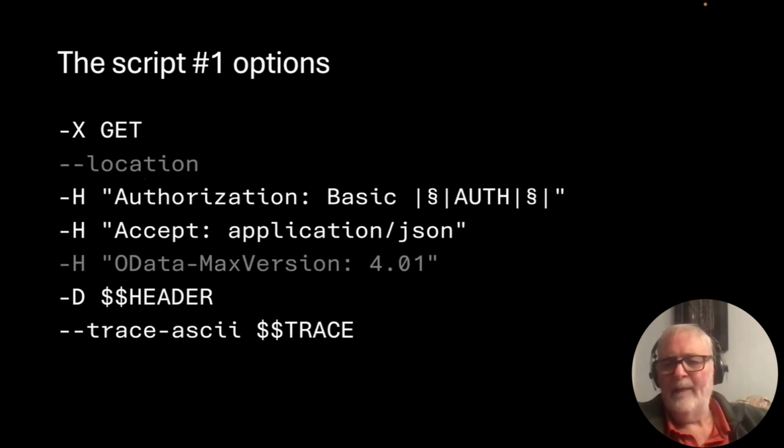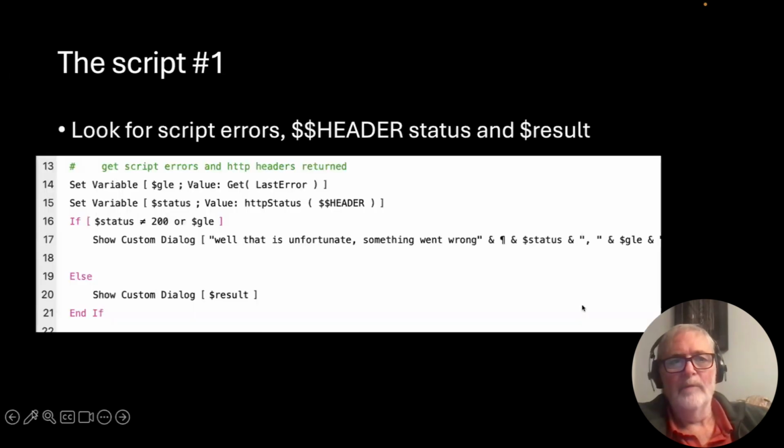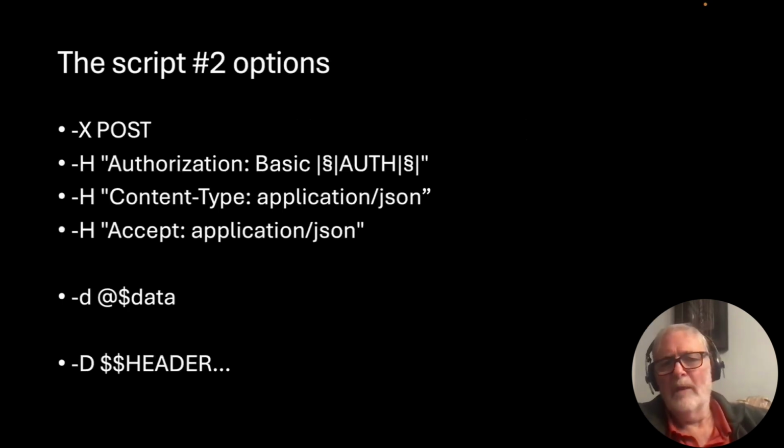We're saving the answer into the header. After that, we look for various errors, both FileMaker script errors, but we also see what the header that's been returned to us is giving, because that's an HTTP value. Something like 200 is a good thing and 400 is a bad thing, just so that we know what's going on.